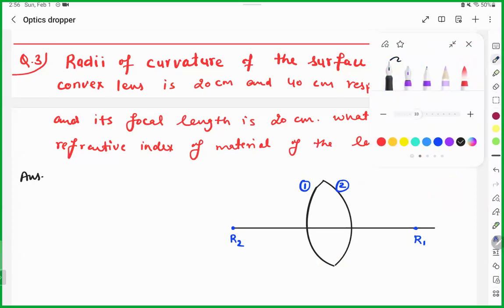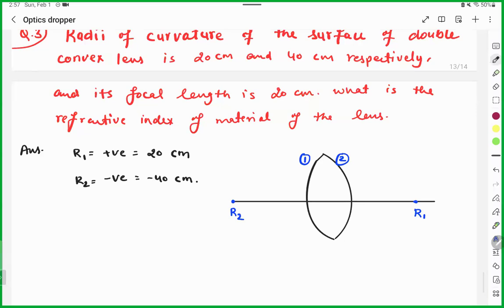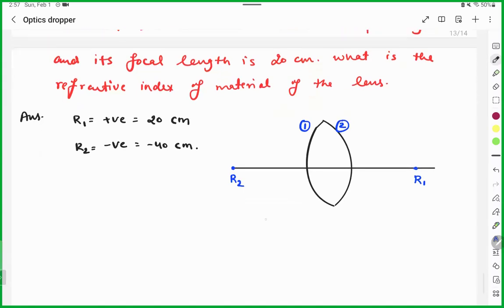Okay, so when I explain this, R1 is present on the right hand side, so R1 will be positive, and R2 is present on the left hand side, so it will be negative. Radius R1 is given as 20 centimeter, so it will be the first value, and the second value is 40. And focal length is important.